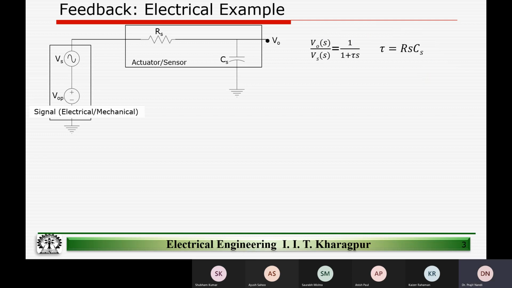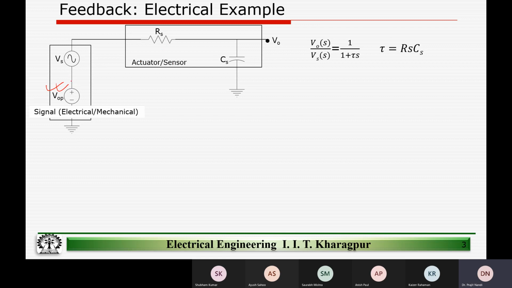Now, if we simplistically look at the output voltage by input voltage, the transfer characteristics, this is pretty simple, and you people have done it. It's a very simple low pass characteristic, and we can write it as Vout by Vs. Please note the operating point voltage does not appear in the transfer function, because I have shown it just to ensure that the actuator or the sensor is at the right operating point.